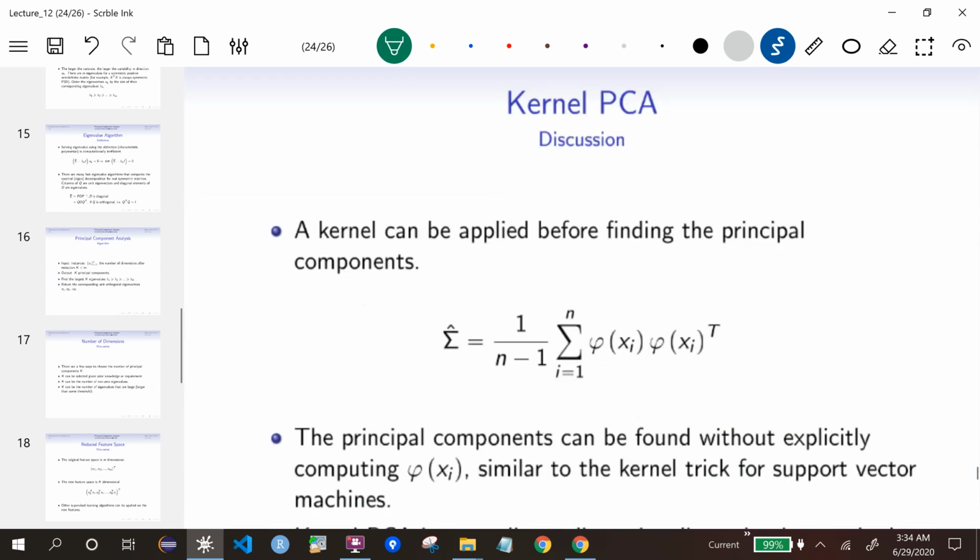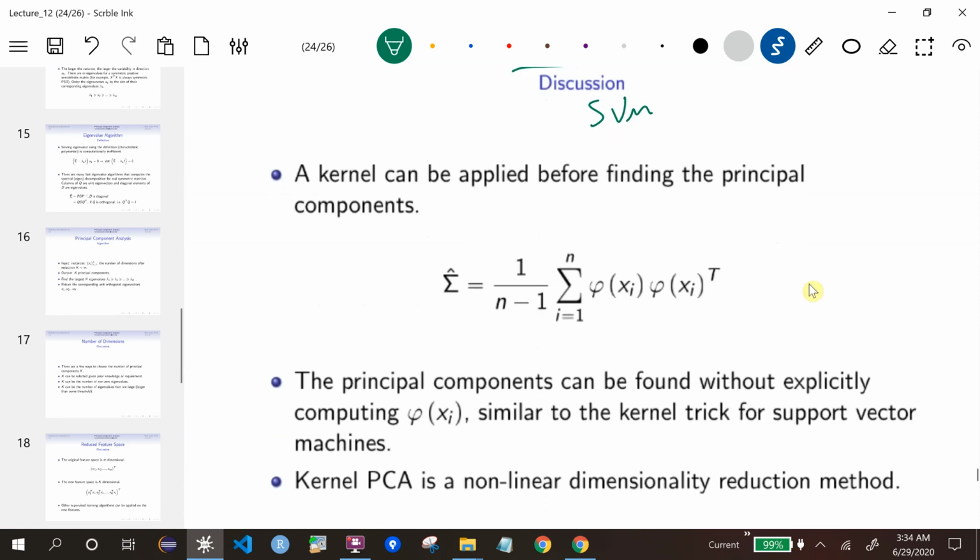Okay, so I already had a diagram. The next thing we'll talk about is kernel PCA. Remember we talked about kernel SVM, so we're doing exactly the same thing here. We're going to apply some kind of feature map to the original features, maybe to make it into a higher dimensional space, even higher dimensional space, and then we can do PCA on those features.